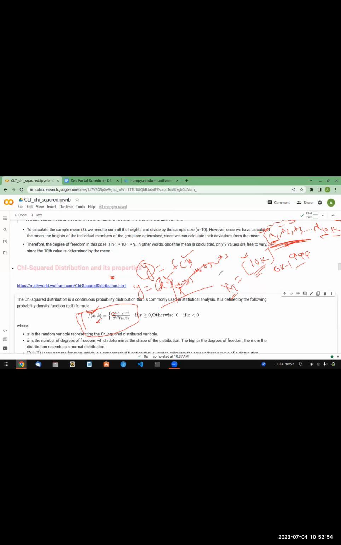So when I construct this equation using this data, I will write f, then this data name xi, with 10k minus 1. Then there is the equation. And here 10k minus 1, the degree of freedom, we are passing.